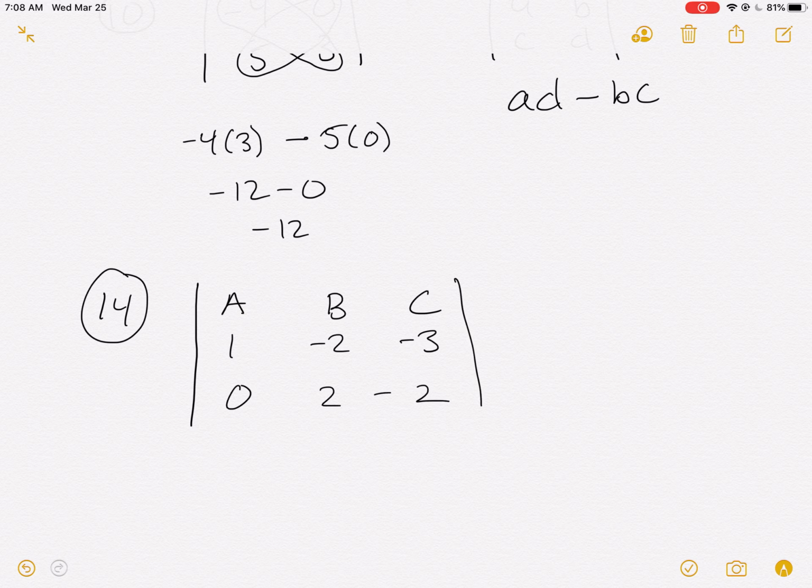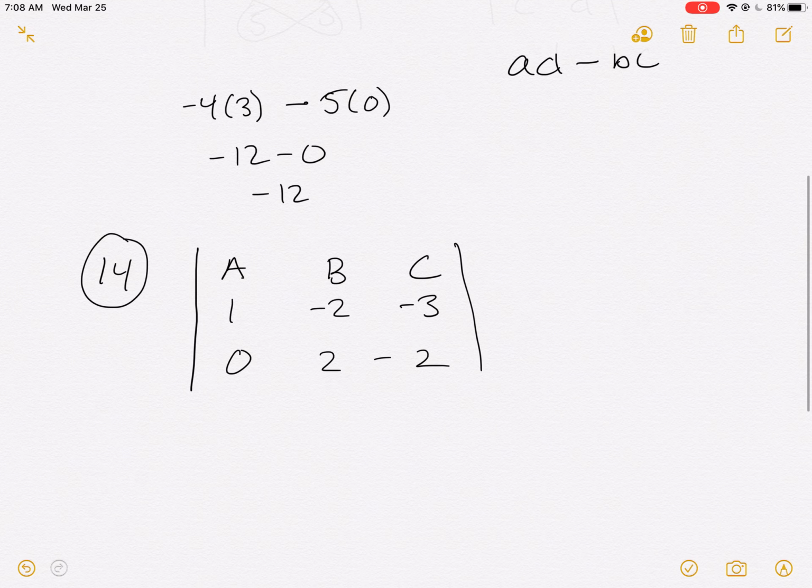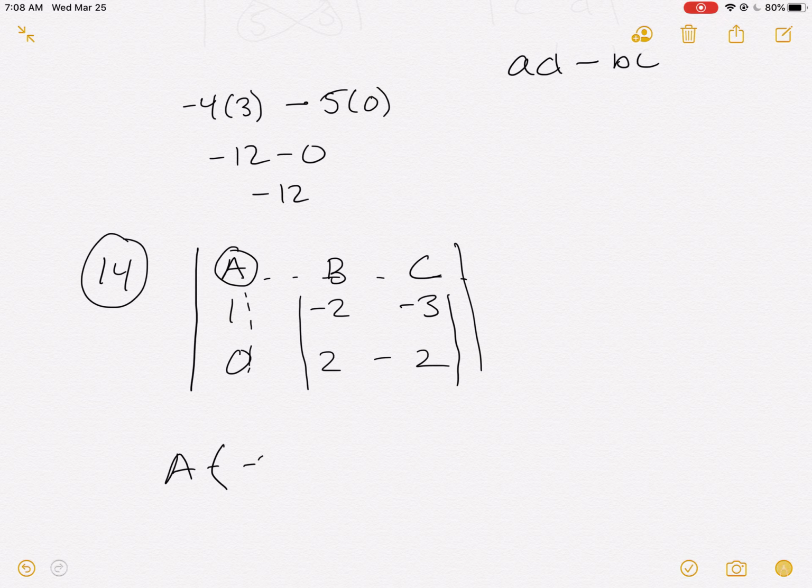The way this works, if it's 3-dimensional, is you go across the top row. The first thing that we see is this letter A. We're going to take A times the determinant of what's under B and C. So we cross out A's column and row, and then A is going to be multiplied by this 2 by 2 determinant: negative 2 times negative 2 minus 2 times negative 3.